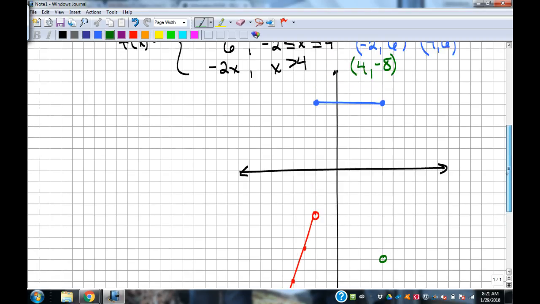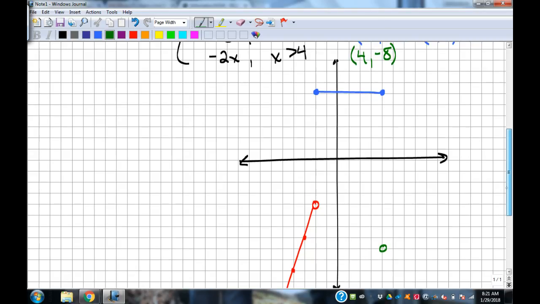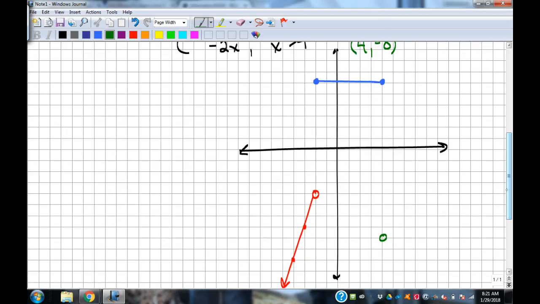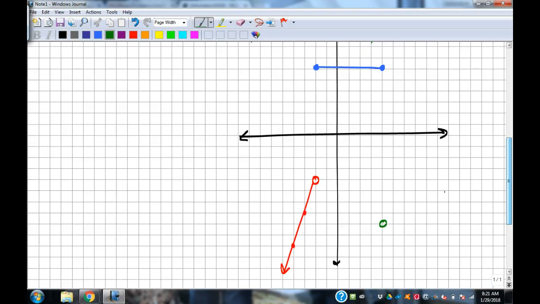And then what do we know about that graph? -2x. Slope is -2. And to count that, which way are we going? To the left or to the right? Yeah, it says greater than 4, so I'm going to have to go to the right. So if I go down 2, right 1, that works.